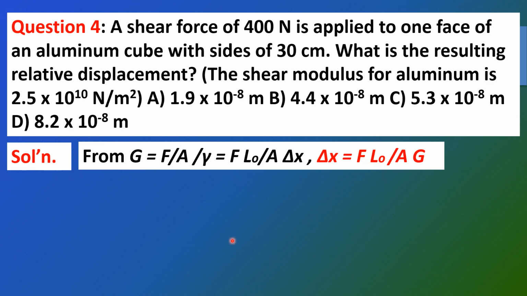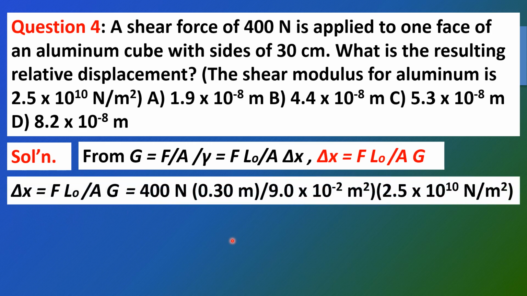And when we substitute the given quantities, we have 400 Newtons for the applied force, 0.30 meters for the original length L, divided by the surface area of one side, which is 9.0 times 10 to the negative 2 meters squared.